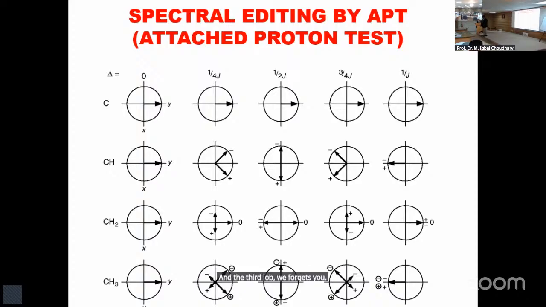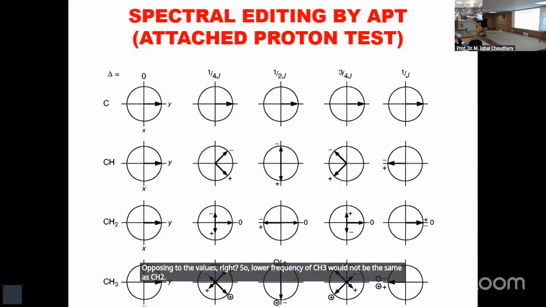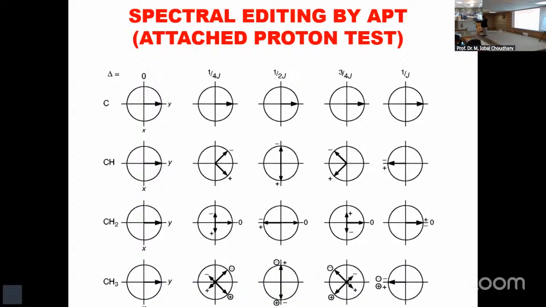With attached protons, 3 attached protons are either adding into the magnetic field of C13 or opposing the magnetic field, right? So Larmor frequency of CH3 would not be the same as CH2. Larmor frequency of CH would not be the same as CH2 and CH3. And Larmor frequency of quaternary carbon would not be the same as those.